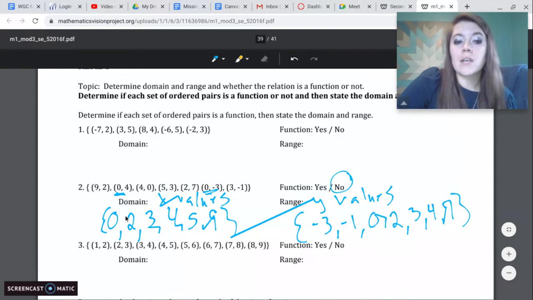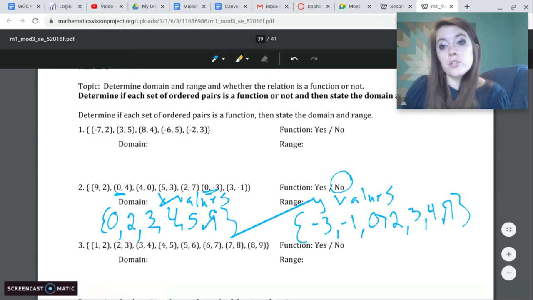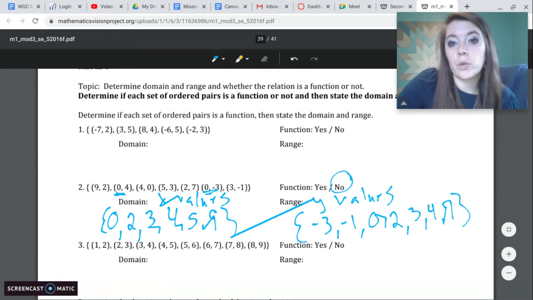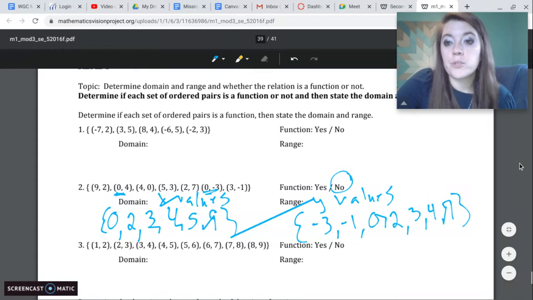So if your domain is smaller than your range, it's not a function. It's okay if your range is smaller than your domain. That just means multiple x values have the same y value, and that's okay. But the opposite is not true. If the domain is smaller than the range, it is not a function, okay? That's also why writing the numbers in numerical order makes it more helpful to see our values and see how they compare.